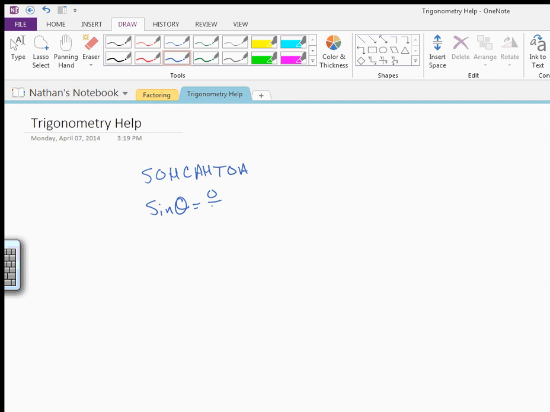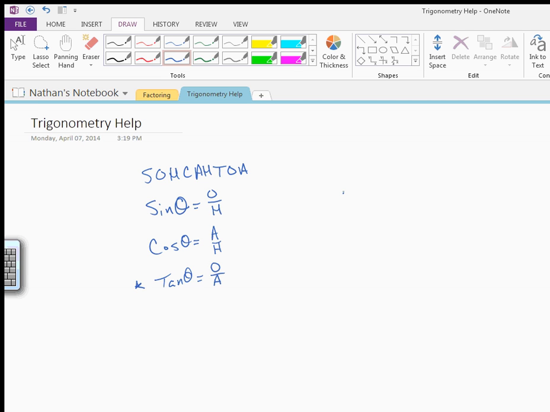Sine of theta is opposite over hypotenuse. Cosine of theta would be adjacent over hypotenuse, and tangent theta is opposite over adjacent. Out of these three, you're going to see tangent normally used the most, simply because of the way right triangles are set up.